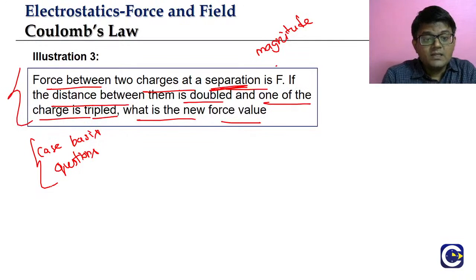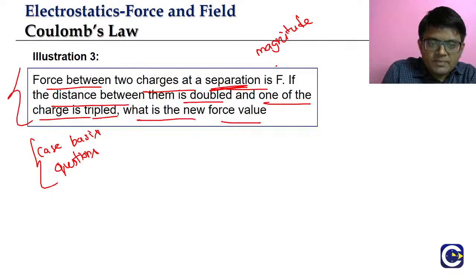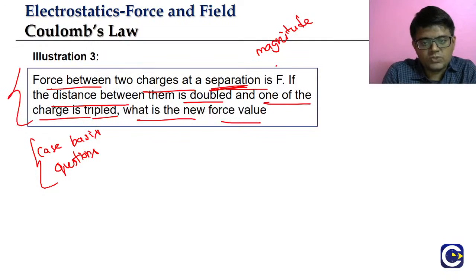They are saying the distance is changed and one charge value is changed, so by changing some of the parameters you go to the second case. In this model of questions, they give some information about case 1, and from that they ask a question about case 2.